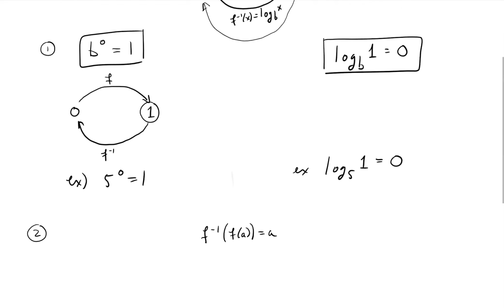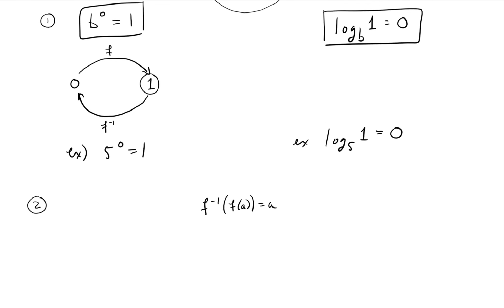So let's rewrite this identity with our function. This is f inverse of f of a. F of a is b to the a, and that's going to give me back a. And f inverse is log in base b. So what we get here is log in base b of b to the a gives us back a.